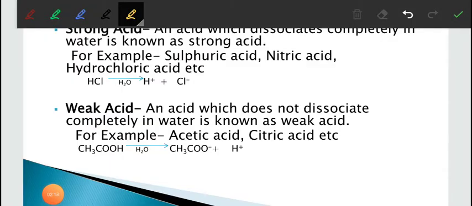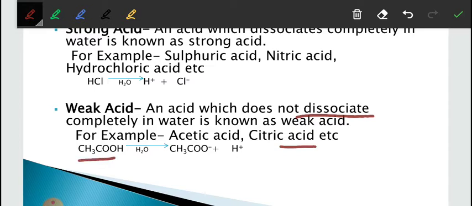Next one is weak acid. Weak acids are those which do not dissociate completely in water. For example, acetic acid, citric acid, etc. I am giving you one reaction. When we dissolve acetic acid in water, you will get acetate ion and hydrogen ion.